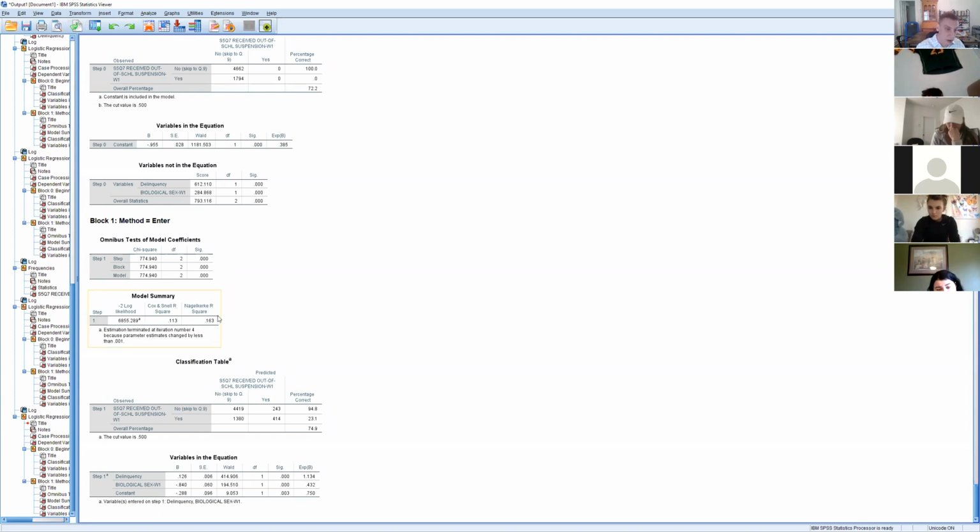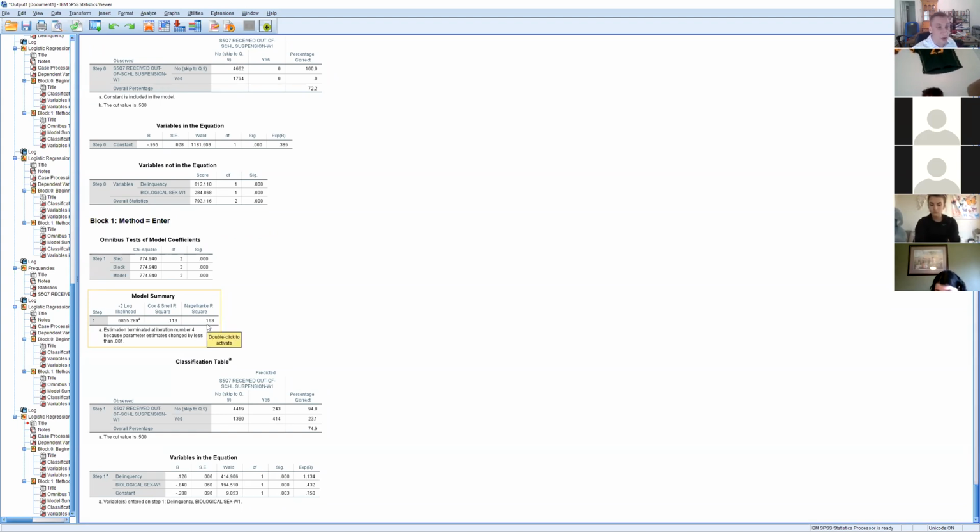So if we take the Nagelkerke R-square, which I think assumes that the dependent variable is a measure of an underlying risk factor for which you just have a binary indicator, so it'll always be a little bit higher, that would be interpreted as: biological sex, or biosex, the gender indicator, and delinquency explain about 16.3% of the variation in whether or not respondents were suspended from school.